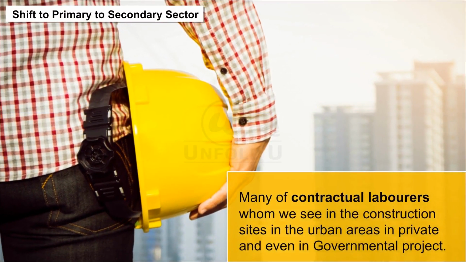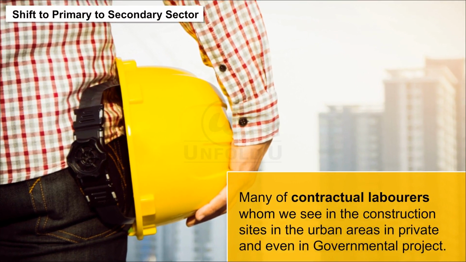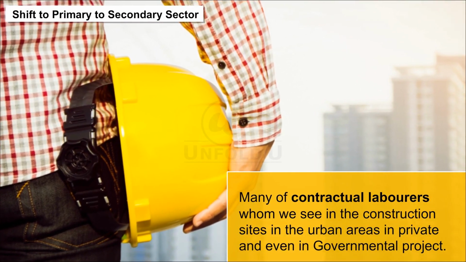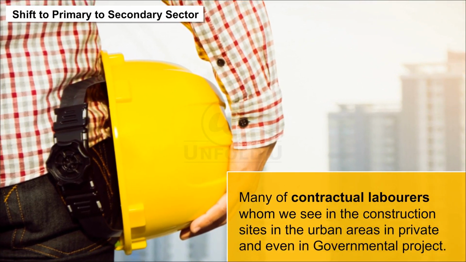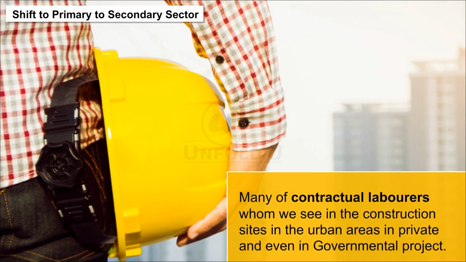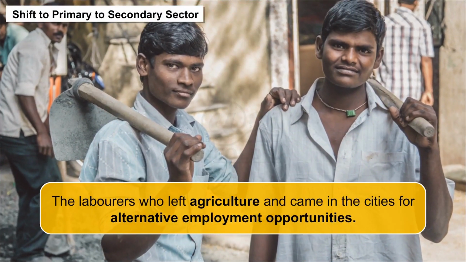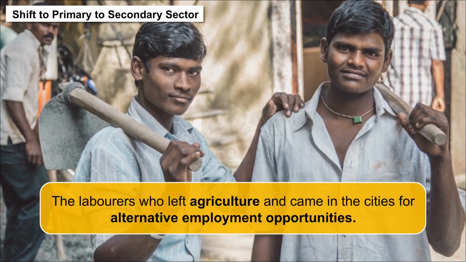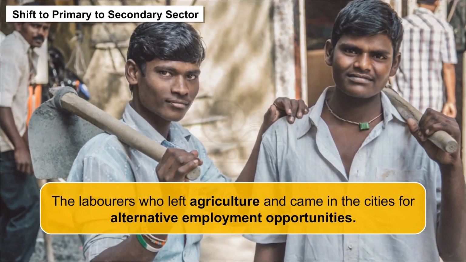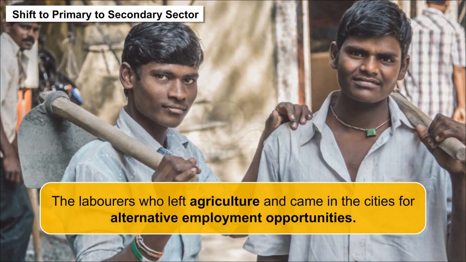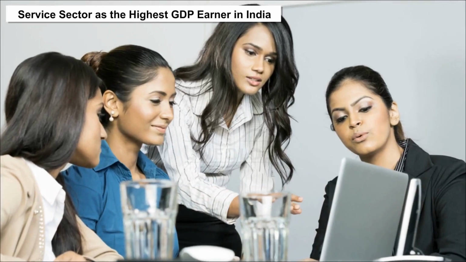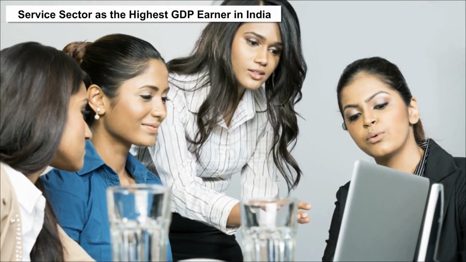Many of the contractual laborers whom we see at construction sites in urban areas, in private and even in governmental projects, are laborers who left agriculture and came to the cities for alternative employment opportunities.